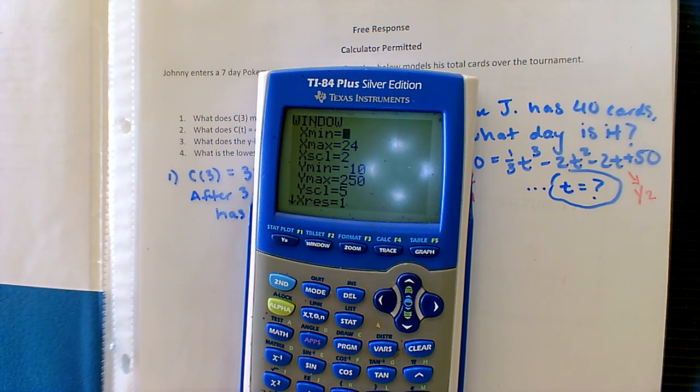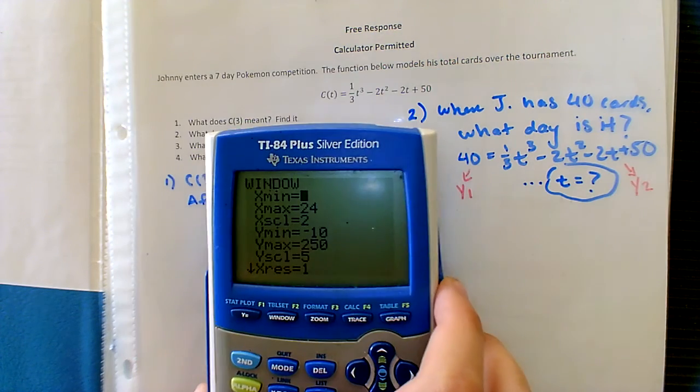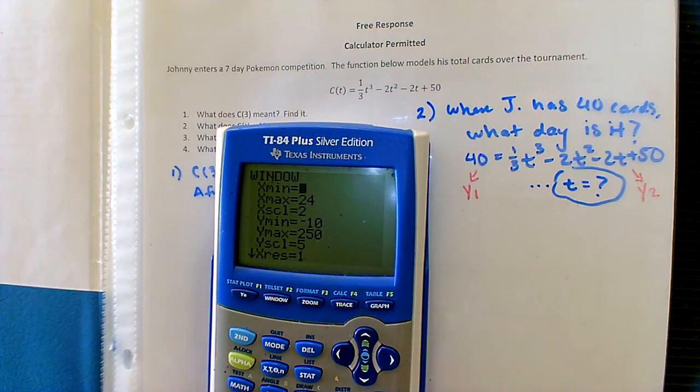What the window does is it's a way for you to program or tell the calculator what you want the x-axis to be, like how far left and right you want to go, and then what you want the y-axis to be, how far up and down you want to go. So we're going to make all of our windows the same, that way we can all see the same picture. Now, the x's in our problem, we said represented days.